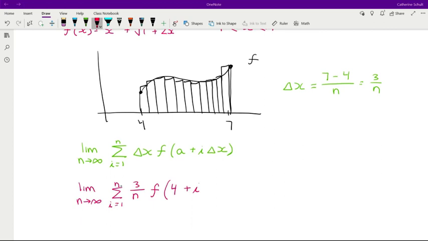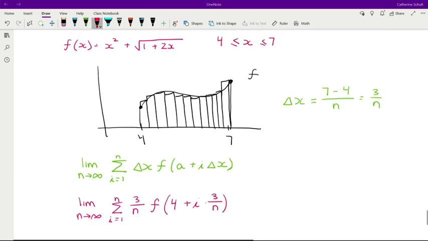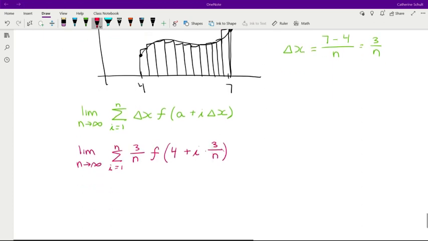We're going from i equals 1 to n of delta x, so 3 over n. Okay? So we also know the value of f. f is x squared plus the square root of 1 plus 2x. So we're going to take this monster, 4 plus i times 3 over n, and we're going to plug it in as the input of x.